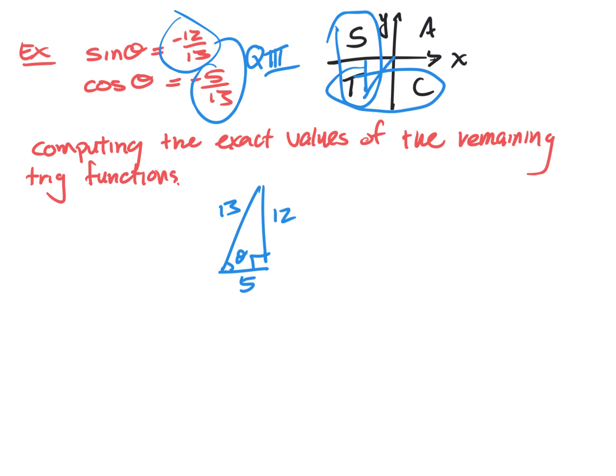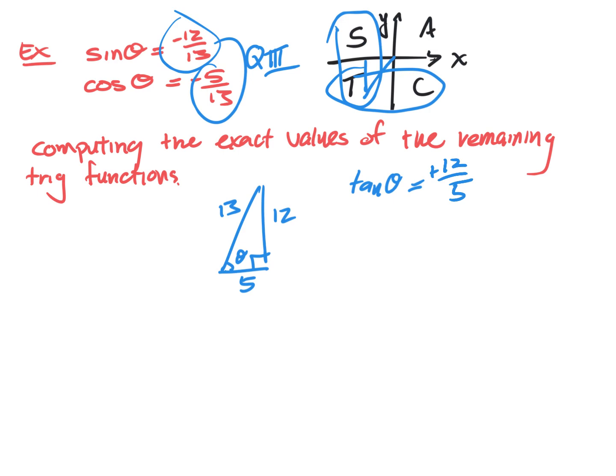And so the next thing we can do is we have sine and cosine. Tangent of theta is opposite over adjacent, 12 over 5. And we know since we're in quadrant 3, tangent is positive. So tangent of theta is 12 over 5.